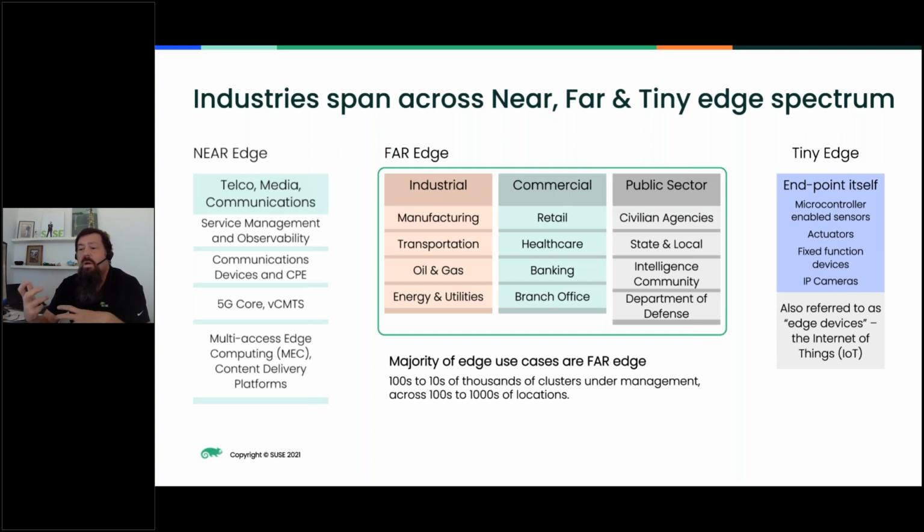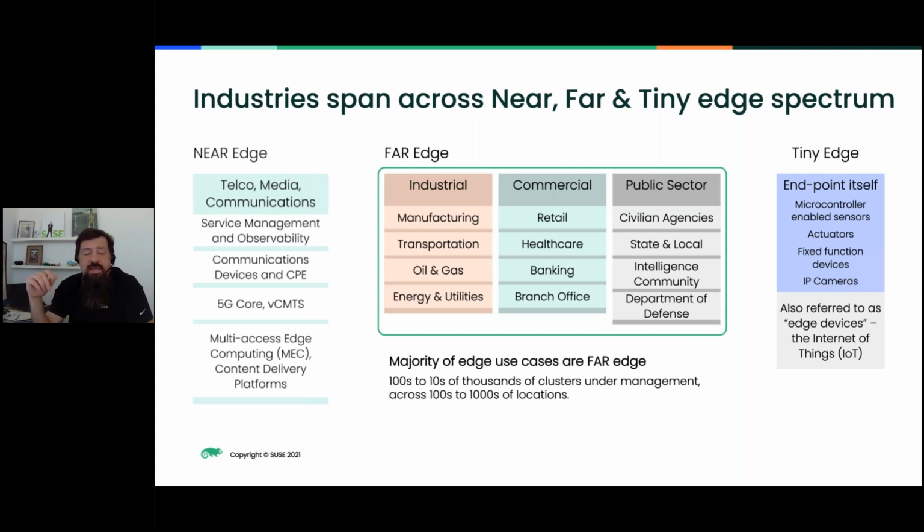Retail is a great example of that far edge, where you may have compute resources sitting in the back room of a retail store, or when you've done the McDonald's drive-through and you see the server equipment or the networking equipment sitting up on the wall. It's those kinds of things that you can kind of imagine for that far edge. And you're going to see that the networking components there become a little more intermittent.